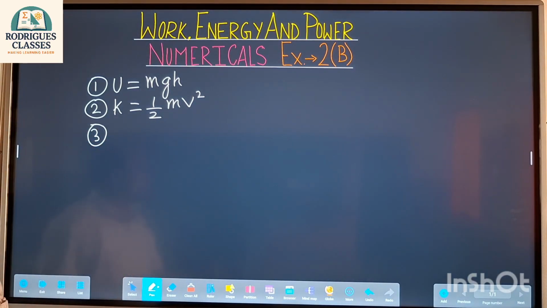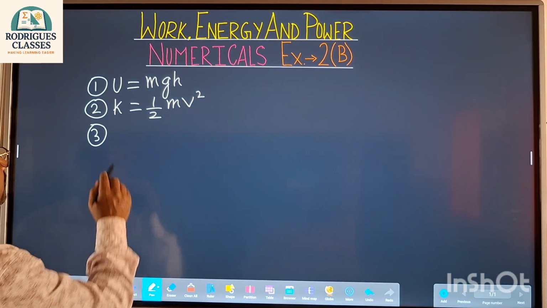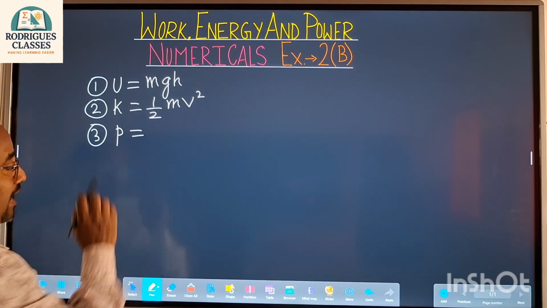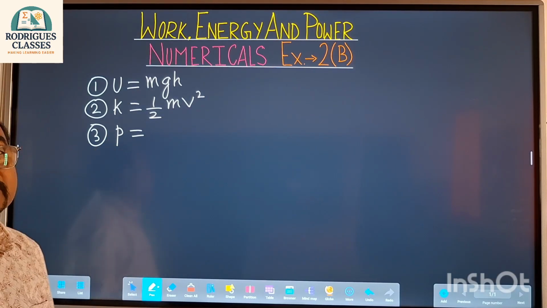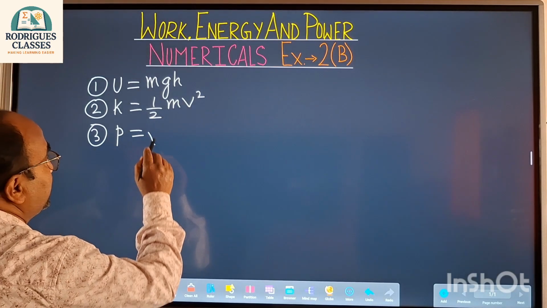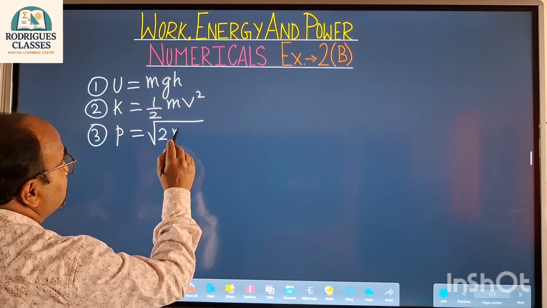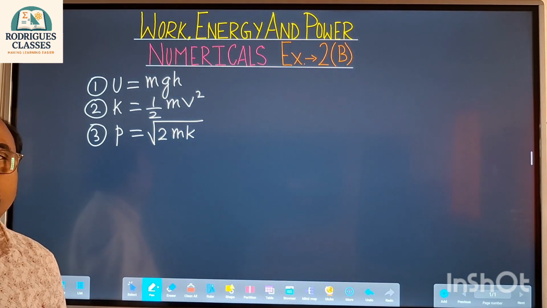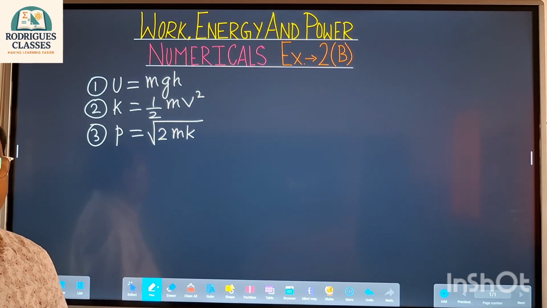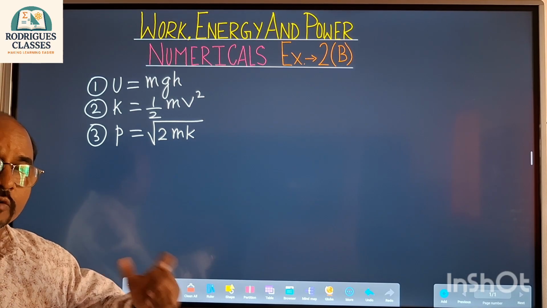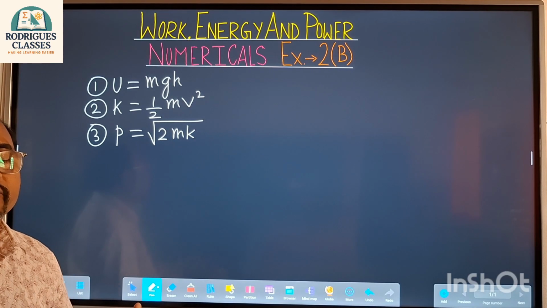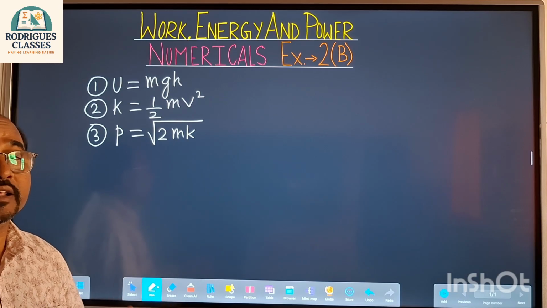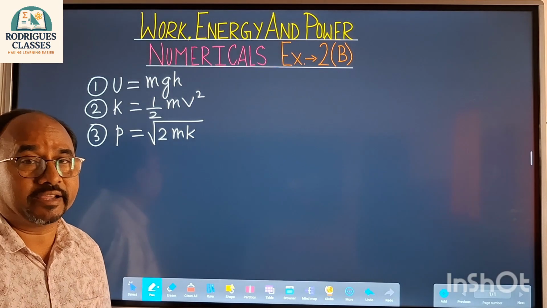So if I am going to write momentum related to kinetic energy, remember P stands here for momentum. The relationship comes as P equals under root of 2 into mass of the body into the kinetic energy of the body. So this formula is very important, where there is a relationship between the momentum and the kinetic energy.